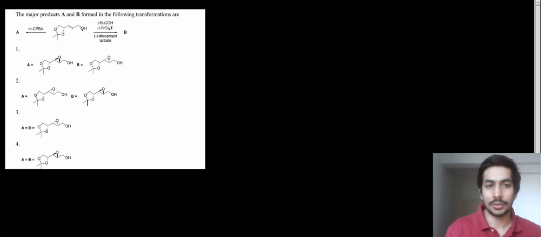But over here, this is not a chiral center, right? The alcohol over here is not a chiral center, so this cannot determine the stereochemistry. So what else can determine the stereochemistry? This group over here, right? Now see, this group over here, which is below the plane, cannot form a hydrogen bond. Basically, MCPBA leads to epoxidation from the allylic OH side because the OH group forms a hydrogen bond with the MCPBA, right?